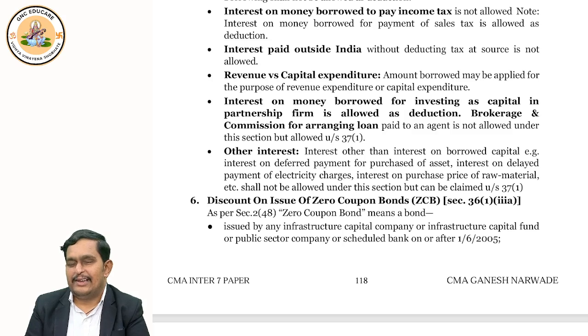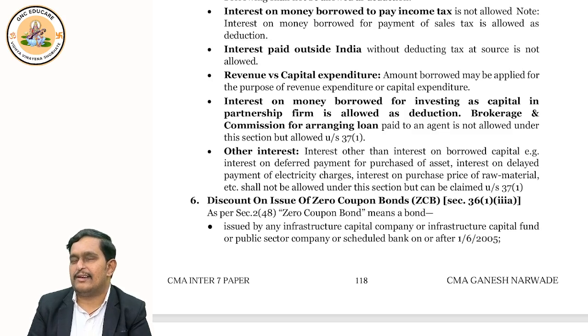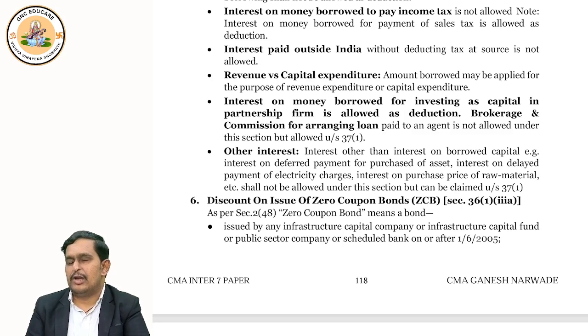Now, you did not find anybody who can give a loan in India, so you went to a foreign country. You took some loan there and now you are paying interest outside India. Now, if you are paying interest outside India, then you have to deduct tax and deposit that tax with the government, right?